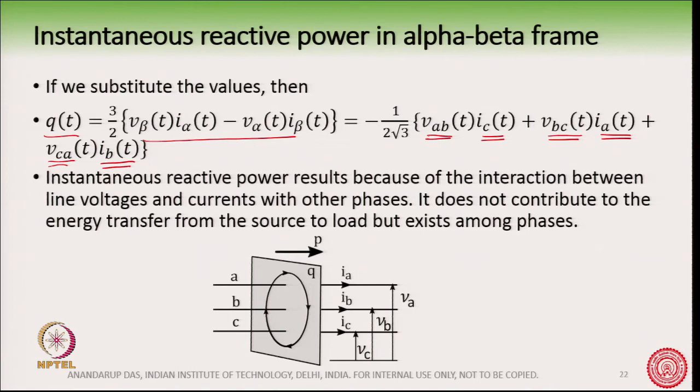If you take a 3-phase system, as you can see in this diagram, the instantaneous active power is flowing from the source to the load, but this instantaneous reactive power exists because of the interaction of the line voltages with the line current in the other phase.